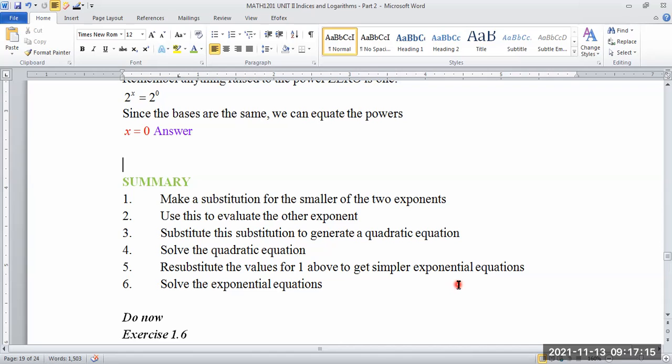So one, you're going to make a substitution for the smaller of the two exponents. Then you're going to use this to evaluate a substitution for the other exponent.